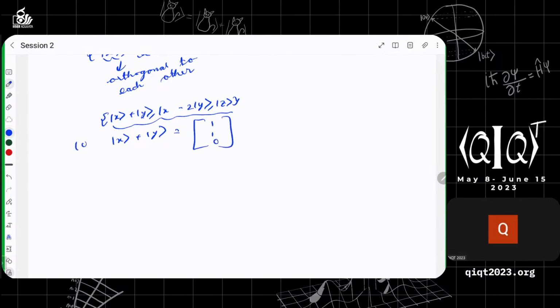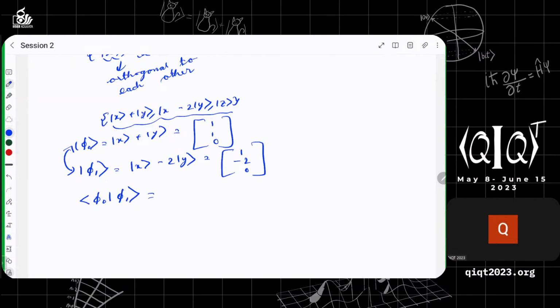Remember, x plus y we calculated is 1, 1, 0. Let's call it phi 0. And let's call phi 1 x minus 2y, and that is 1, minus 2, 0. Now, how do you know if two vectors are orthogonal or not? You just have to take the inner product. In the real space, that is the same as the dot product.